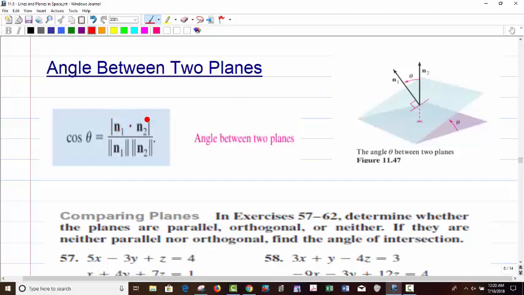Now, one exception: there is an absolute value in this numerator, because whenever we were doing vectors, it was finding the smallest angle, but we could have had something that was more than 90 degrees, like this. You just would not have it being more than 180. So you could have that, but not this with planes, because with planes you'll always have an angle that's either 90 or less than 90.